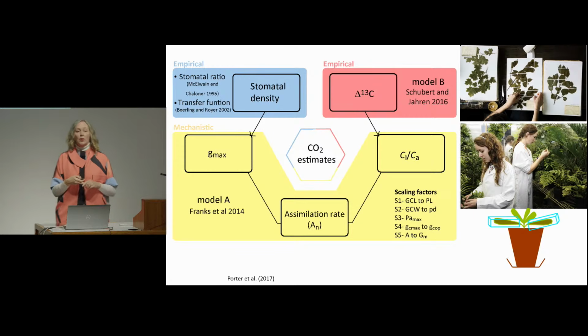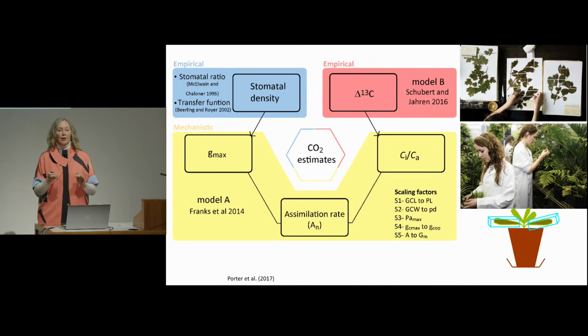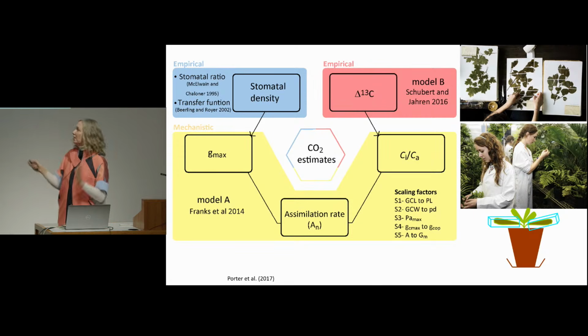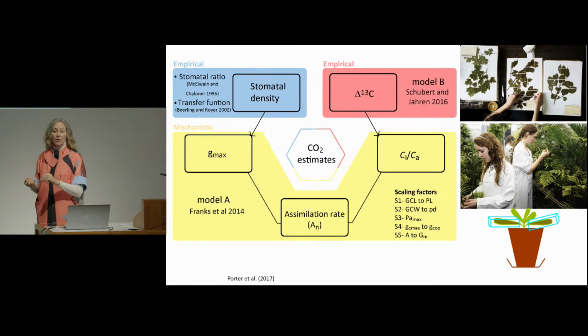Now, I've made it sound quite simple. It is a little bit more complex, but I'm not going to go into all the nitty-gritty equations and details. Ultimately, we're interested in the unknown CO2 in the middle of that big equation, and I use both observations of the number of stomata on fossil leaves, but I also use carbon isotopes.